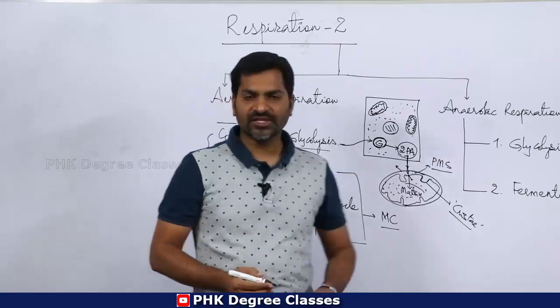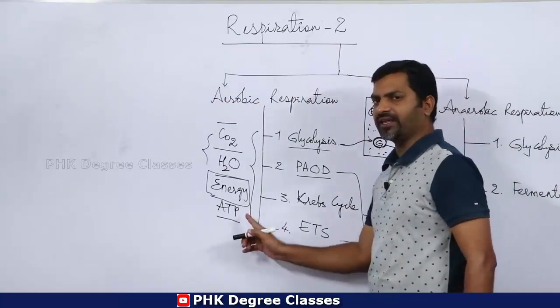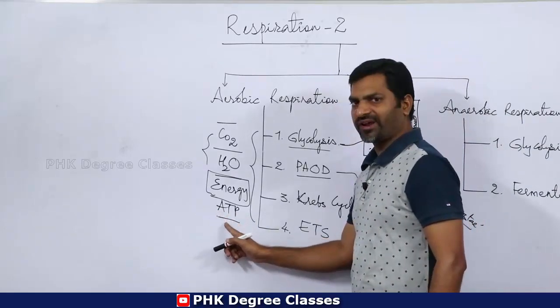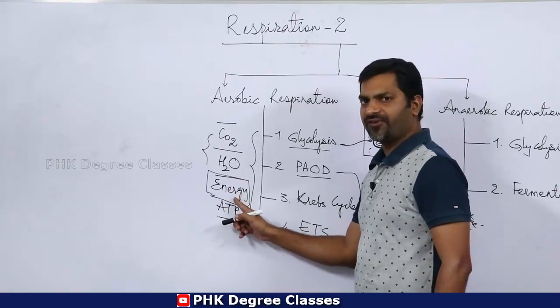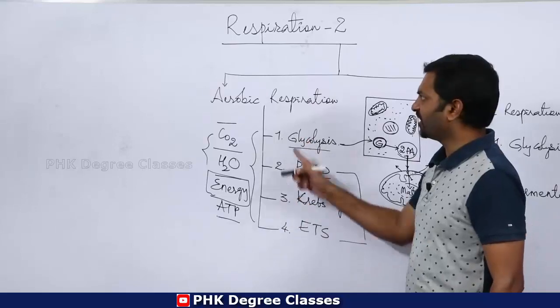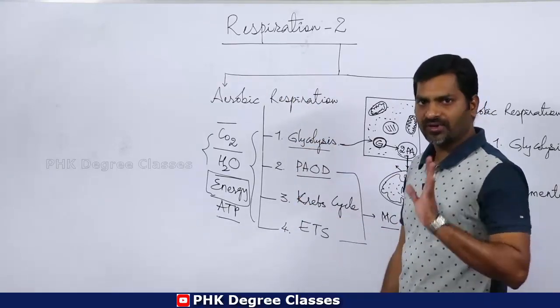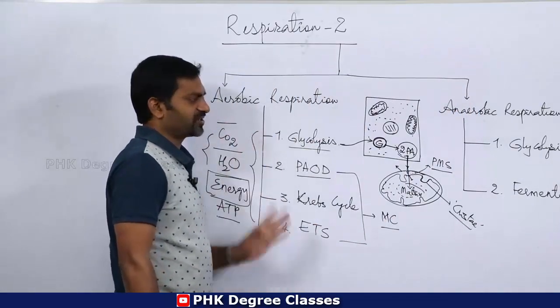ATP. Yesterday I gave you the information related to ATP, that is adenosine triphosphate. Adenosine triphosphate is a kind of energy form, which will be formed after completion of all the 4 steps in aerobic respiration. Clear? So this is about the aerobic respiratory mechanism.